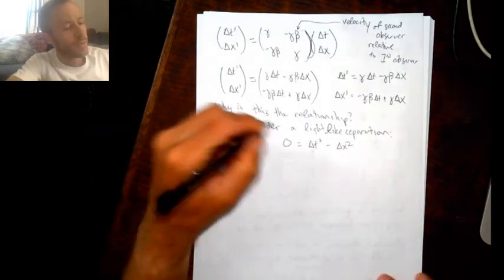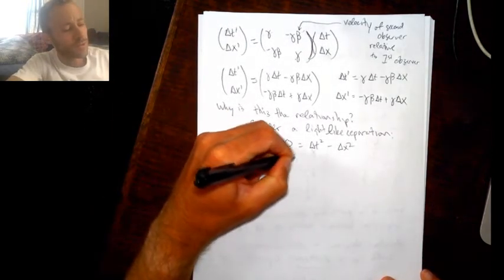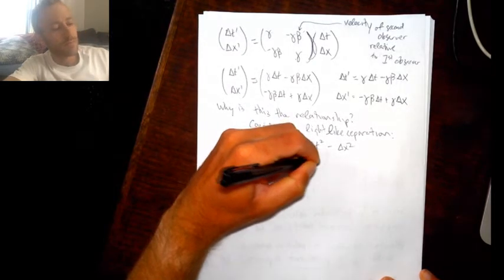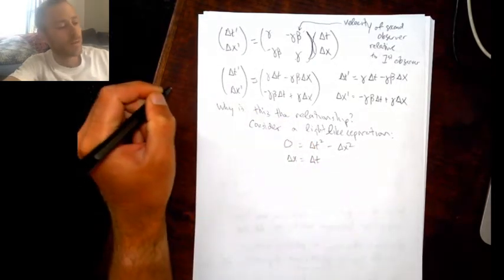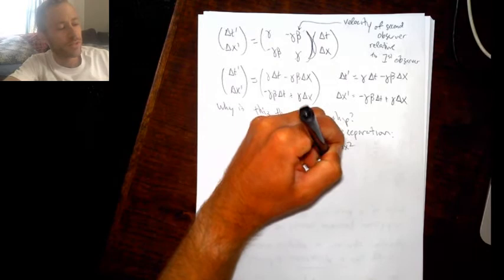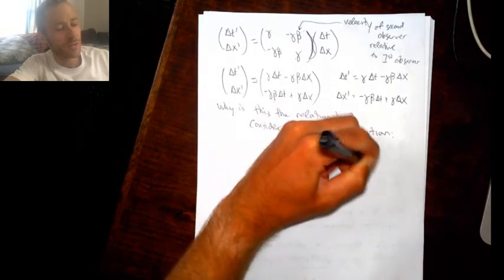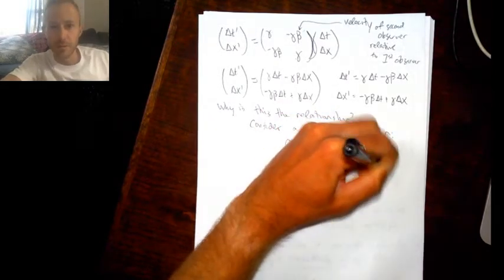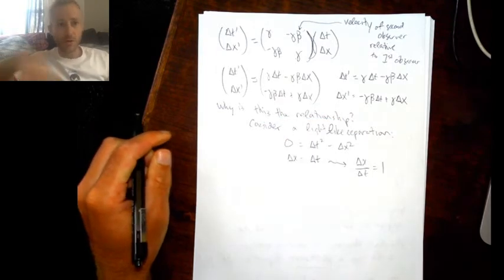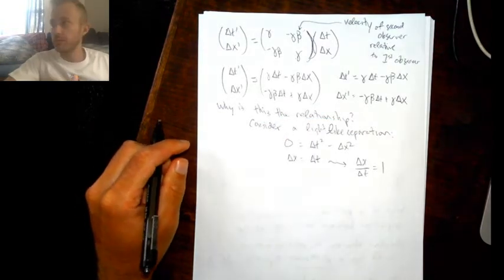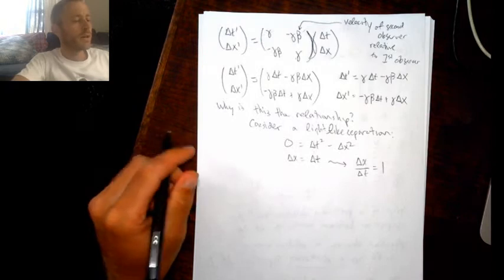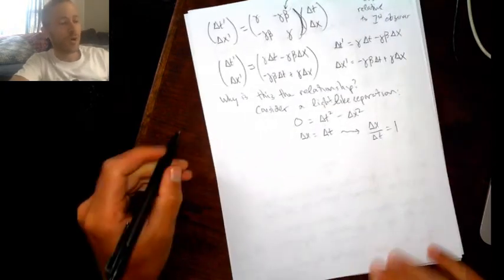So in particular, that means that delta x equals delta t, which means that delta x over delta t equals 1. So it means that the velocity between the events is the speed of light. So let's suppose that's true.